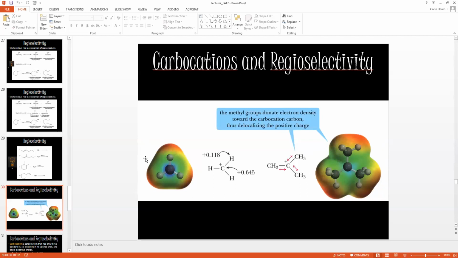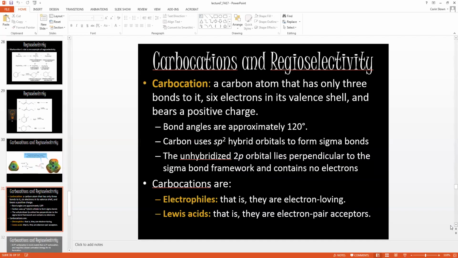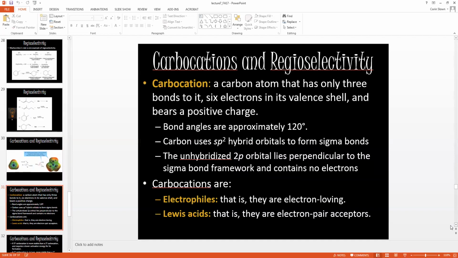So note there's an even distribution of electrons. So a carbocation is a carbon atom that has only 3 bonds to it, so 6 electrons in its valence shell, and it bears a positive charge. So the bond angles are going to be approximately 120 degrees. This means that carbon uses sp2 hybrid orbitals to form sigma bonds.